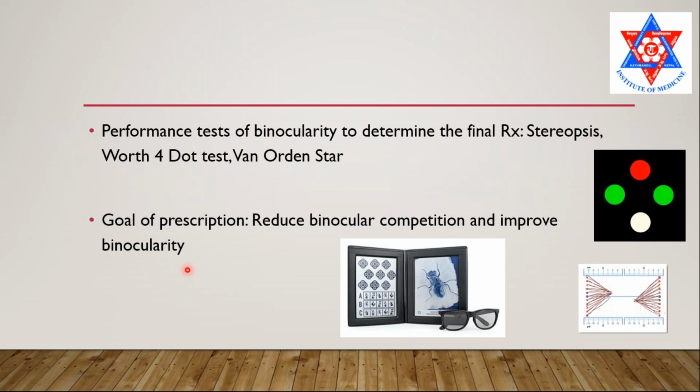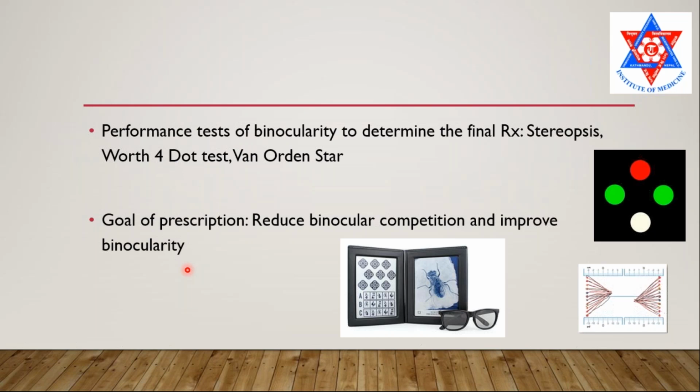One eye has no significant refractive error, just +0.25, and the other eye has +5 or +5.5. After performing cycloplegic refraction and then subjective refraction, we should perform different tests of binocularity to determine the final prescription.